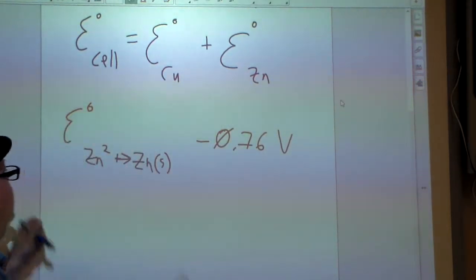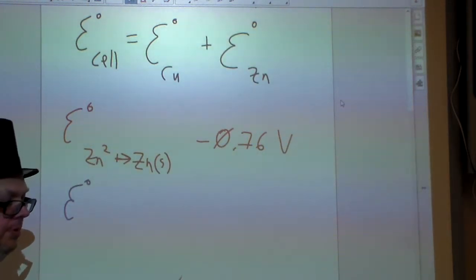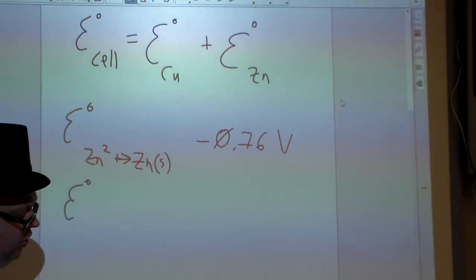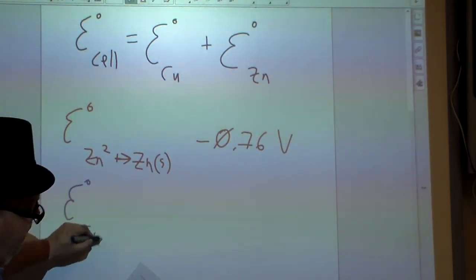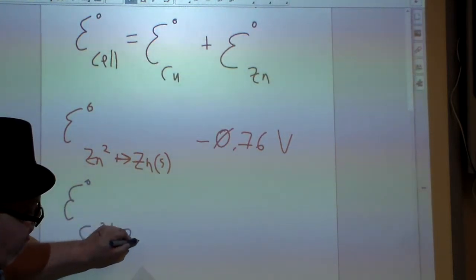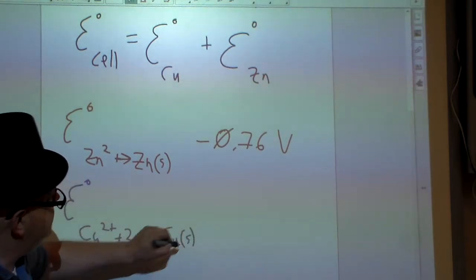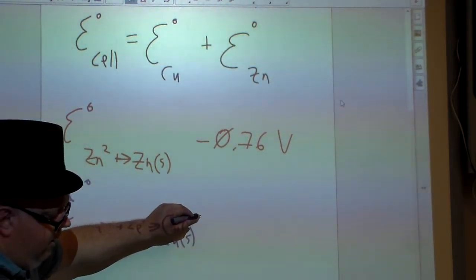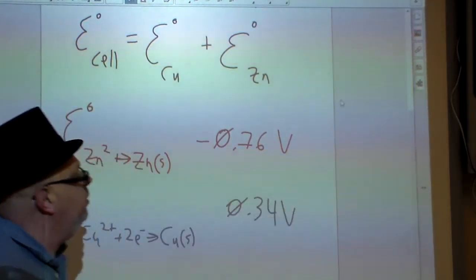On the other side of the coin, we have the standard reduction potential for copper with a +2 charge plus 2 electrons, which gets us copper as a solid, and that has a value of 0.34 volts.